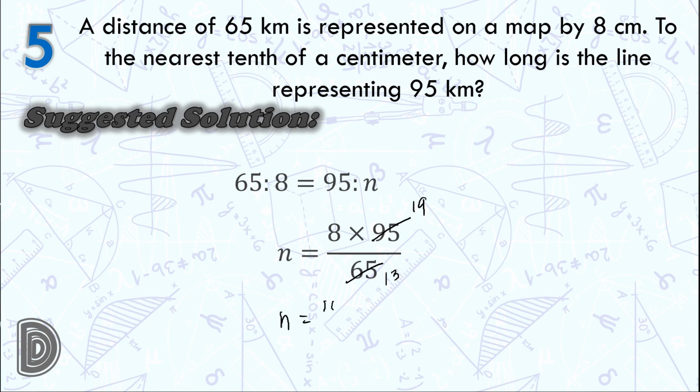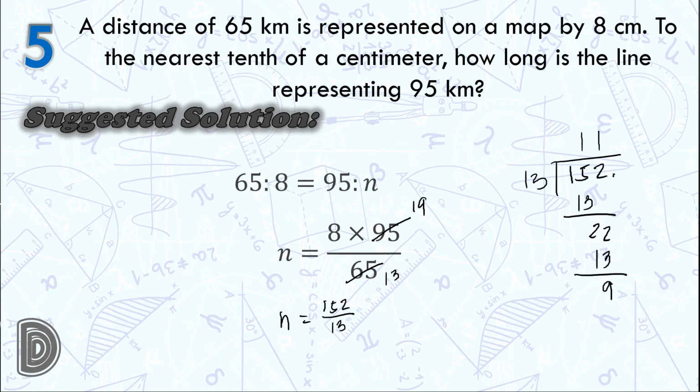152 over 13. Then we divide 152 by 13. Then we have 1, subtract, bring down 2. 22 minus 13 is equal to 9. We get a decimal. Then we have 6. 6 times 13 is 78.